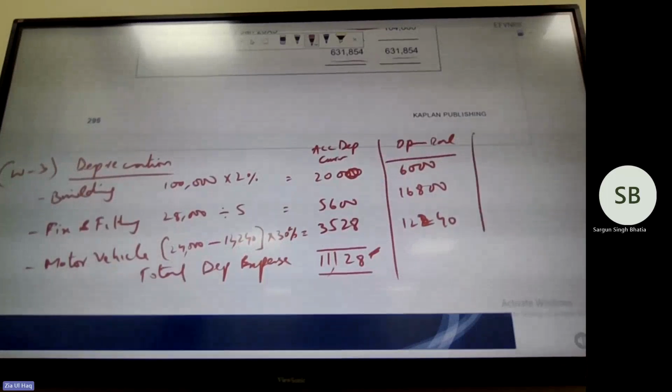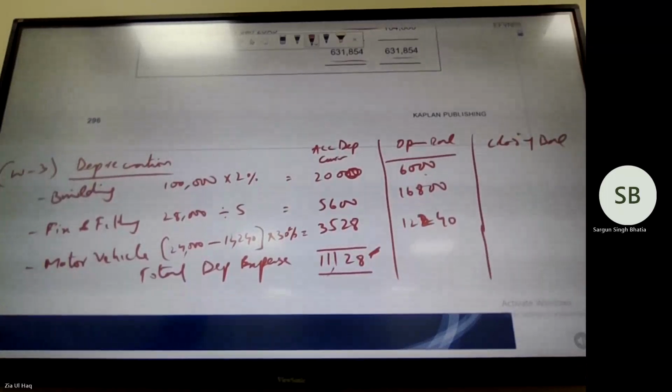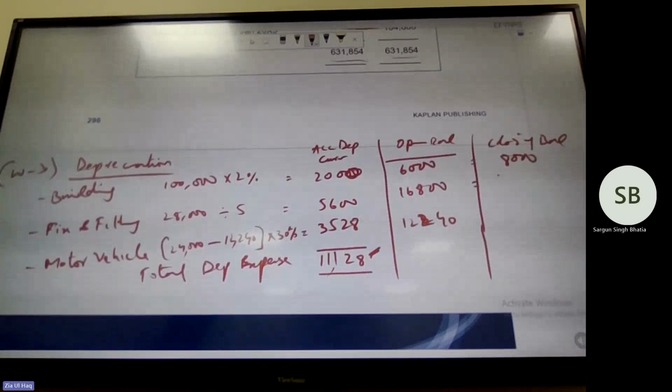Can we calculate a closing balance that we need to record in balance sheet? 2 plus 6 is equal to 8,000. 16,800 plus 5,600 is equal to 22,400.